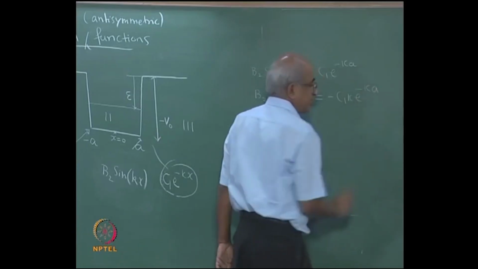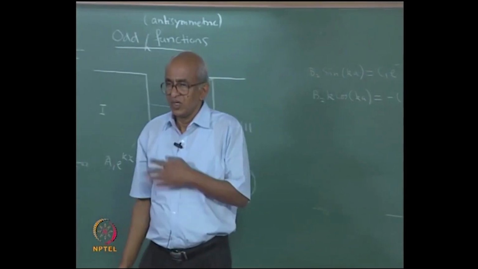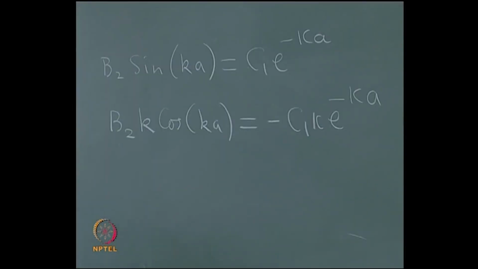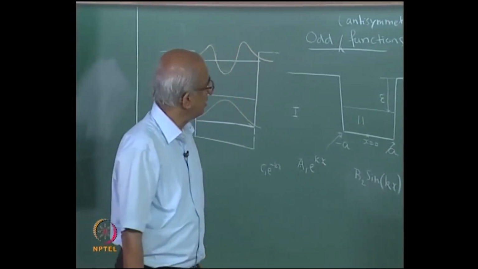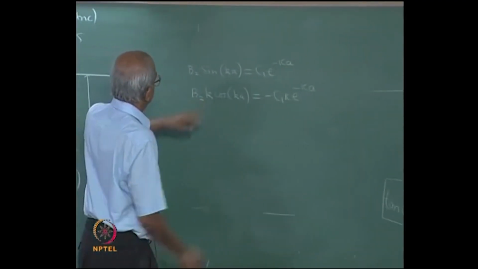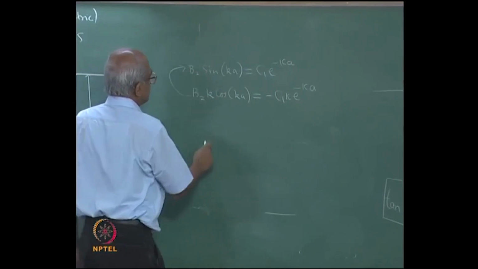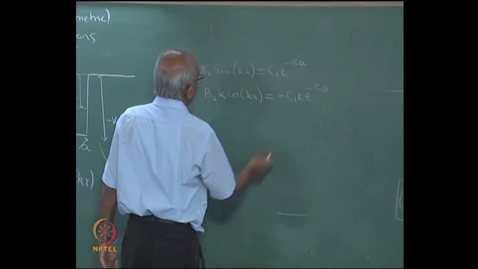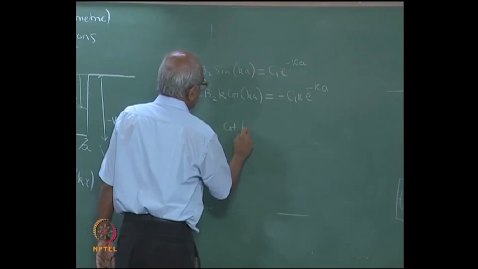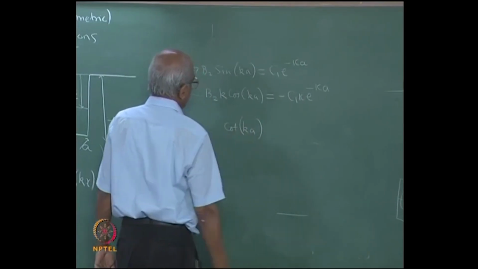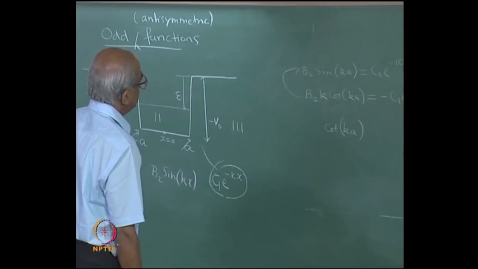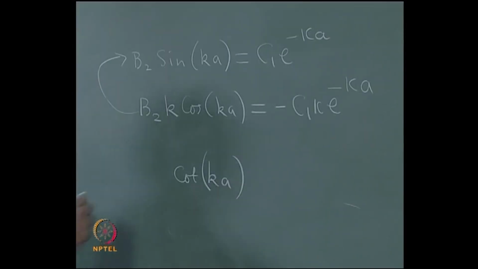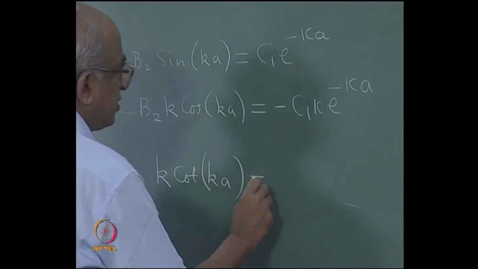If you evaluate the derivative at the boundary using the two functions, the function on the right hand side as well as the function on the left hand side, and then put them equal, this is what you are going to get. And just as before, you will take this divided by that equation, so that K B2 and C1 will disappear. The answer will be cot Ka into K must be equal to minus kappa.